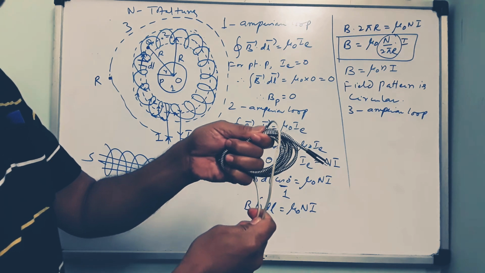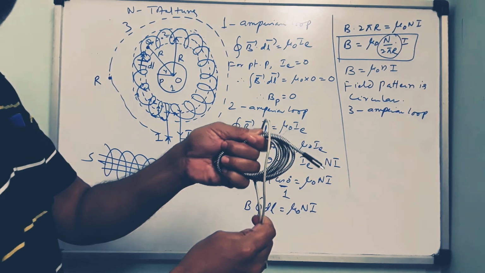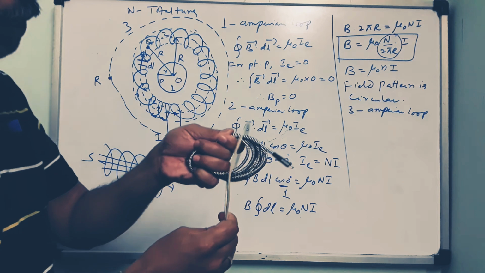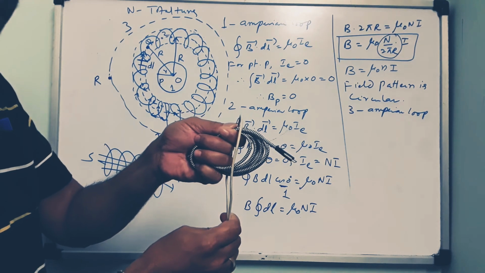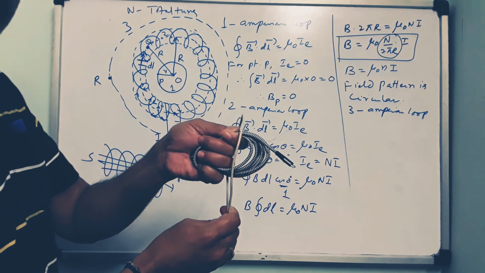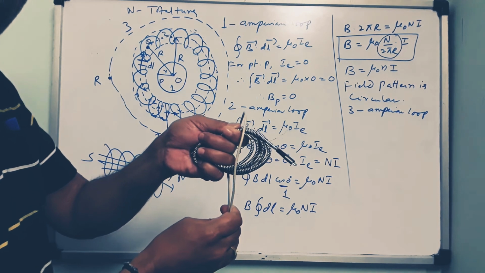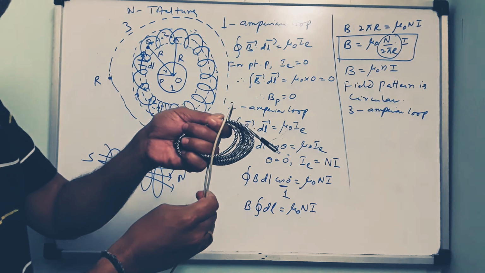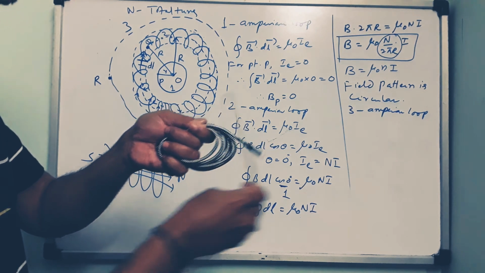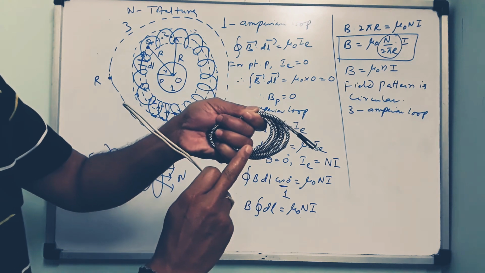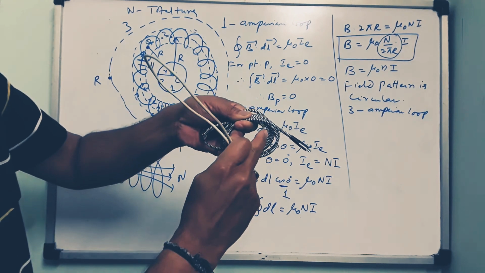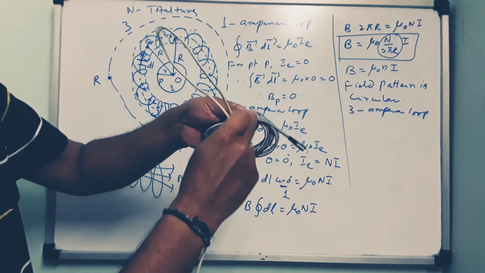Now children, this third Amperian loop, which is white in color in the demonstration, not only encloses the lower part of the circle, but also encloses the upper part of the circle. Am I clear? This white wire, which is my Amperian loop, is enclosing not only the lower semicircle of the circular coil, but also the upper semicircle.